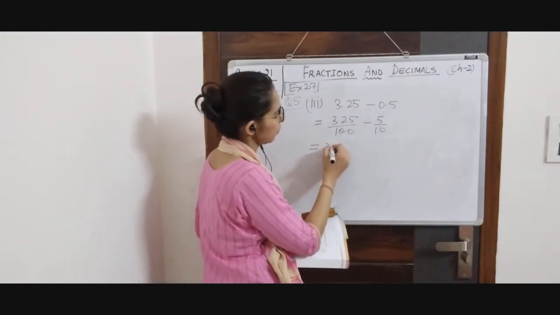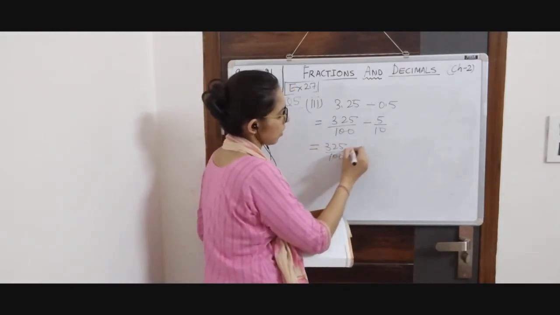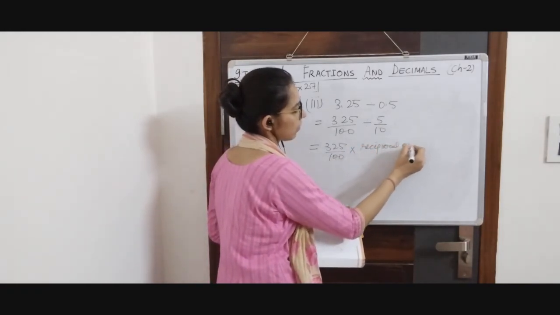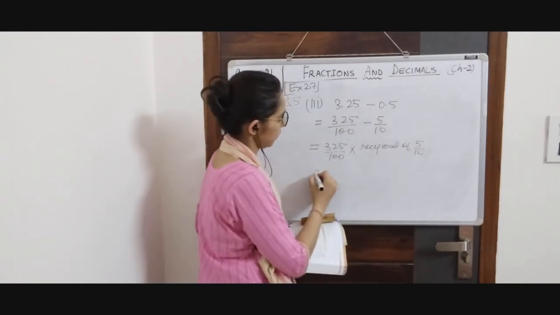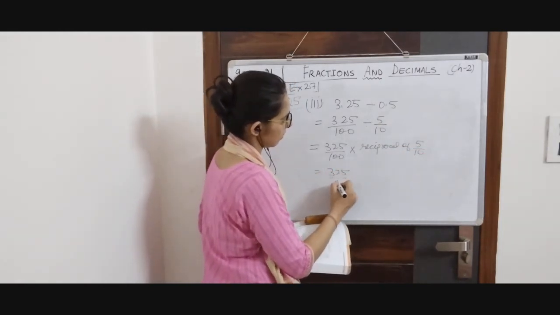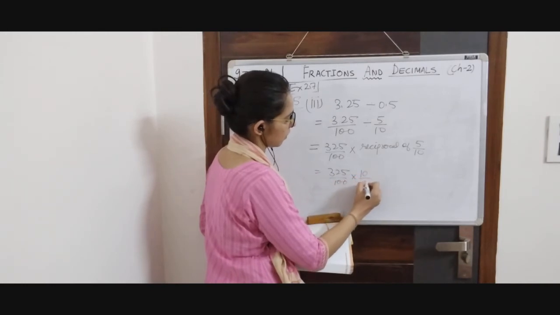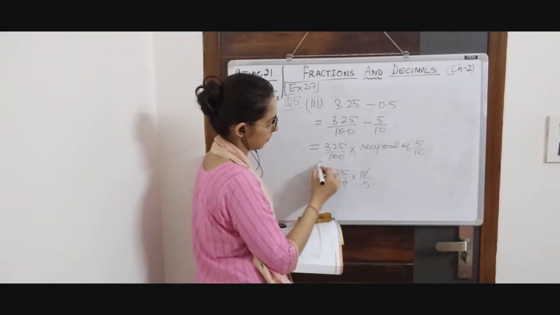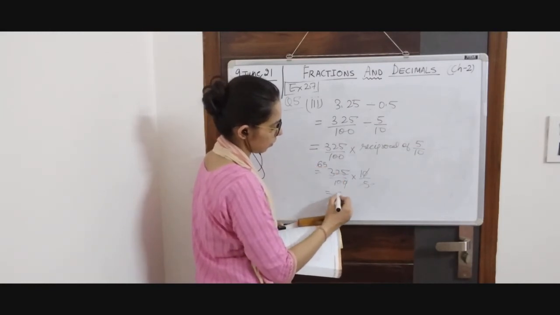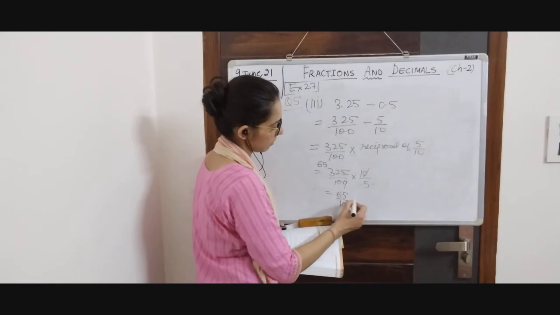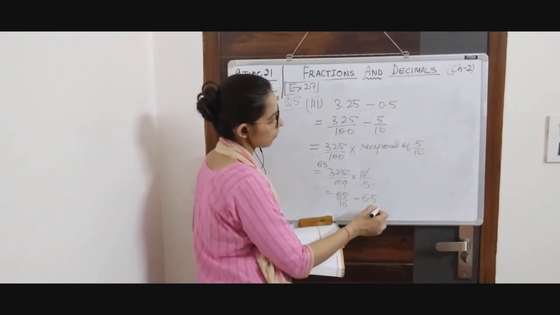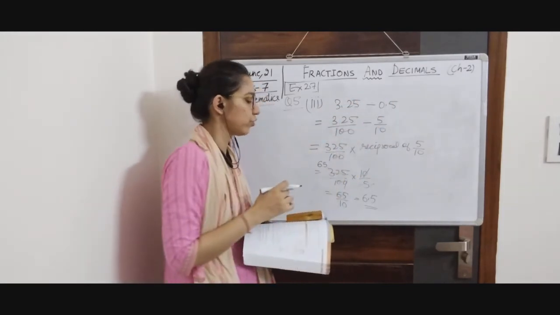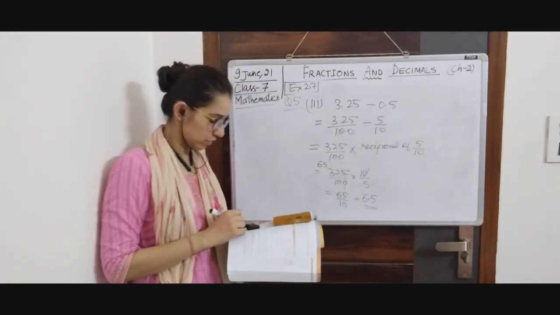It means 325 by 100 multiplied by the reciprocal of 5 by 10, which will be 10 by 5. We perform the cancellation. We got 65 by 10, which will be equal to 6.5. If your question is in decimals, you have to give your answer in decimals only.